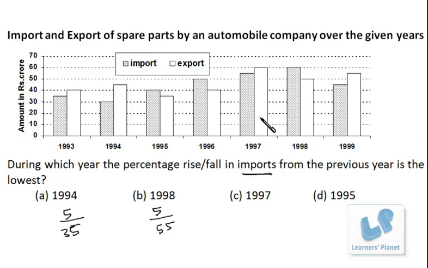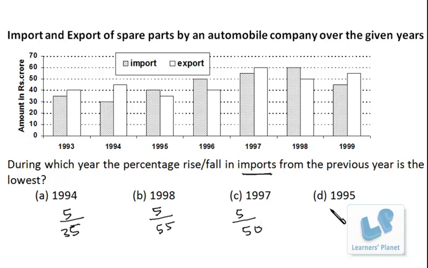Similarly, for 1997, in 1996 import is 50. In 97, import is 55. So the difference is 5. There is a rise, divided by the import of 1996, that is the base value, that is 50, right?